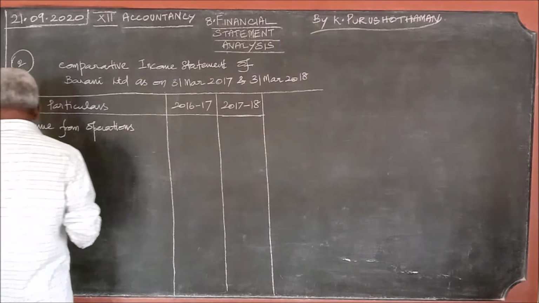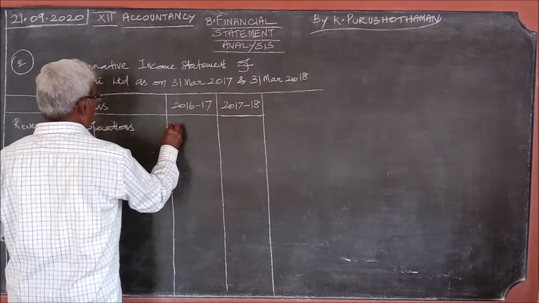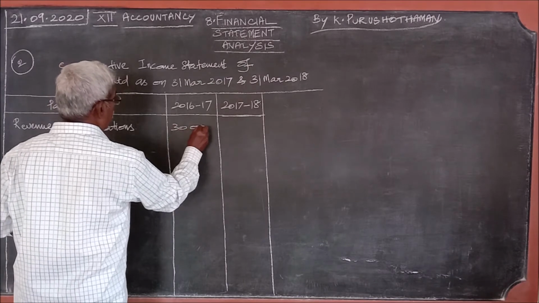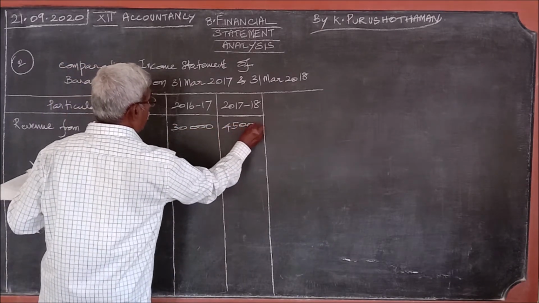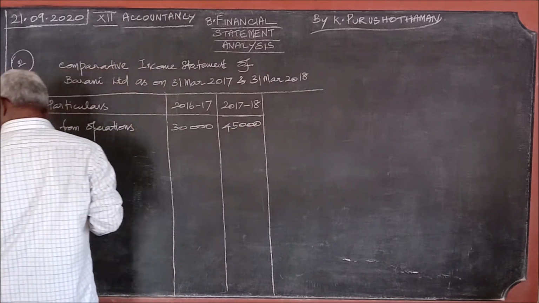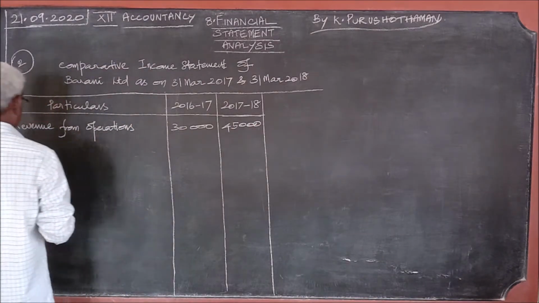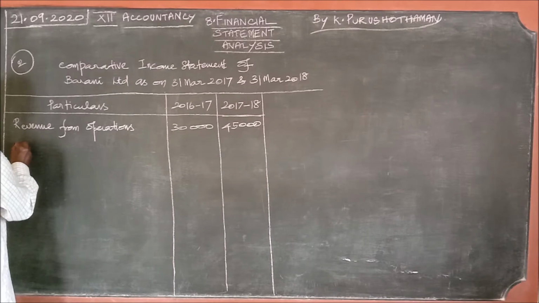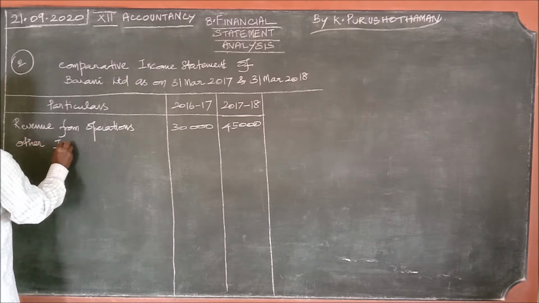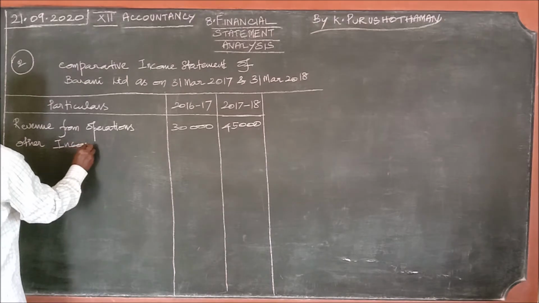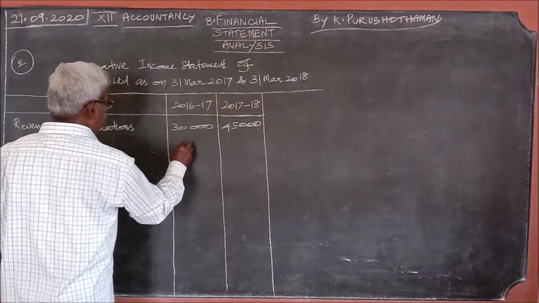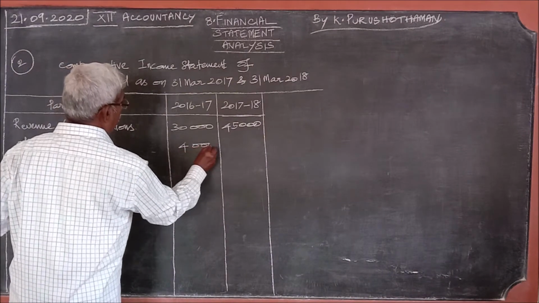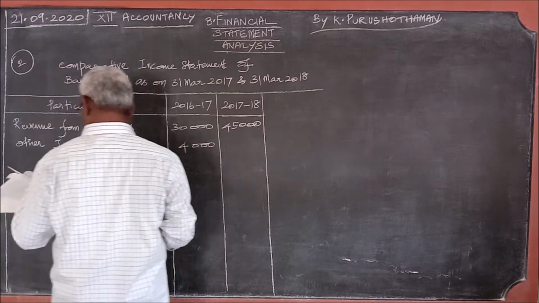The amount is 30,000, 45,000. Then other income 4,000, 6,000.